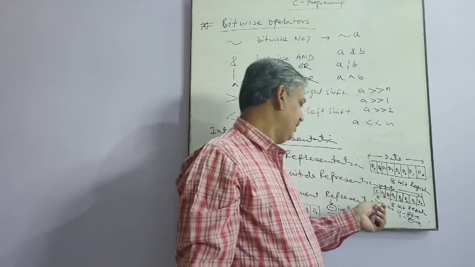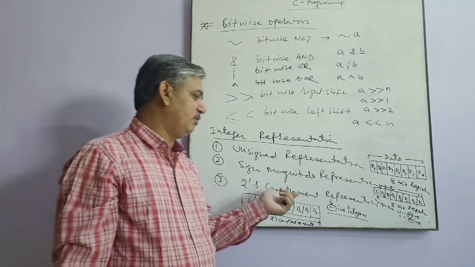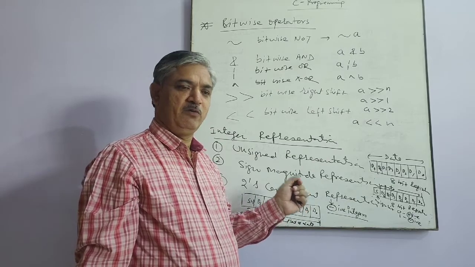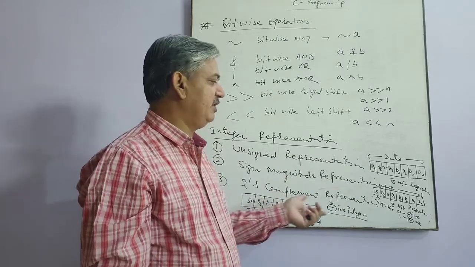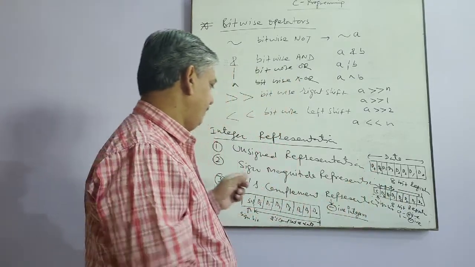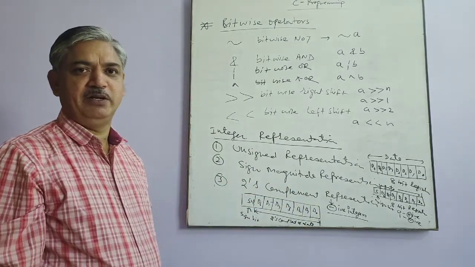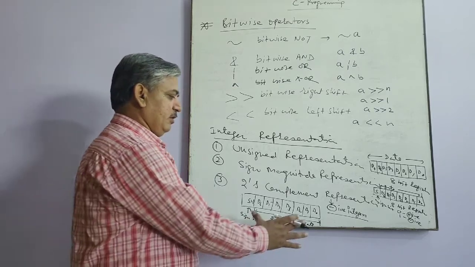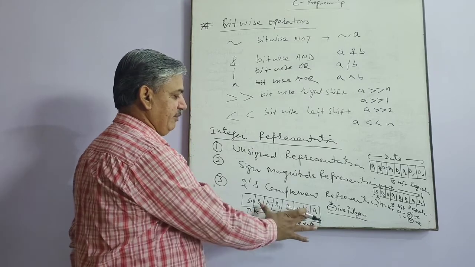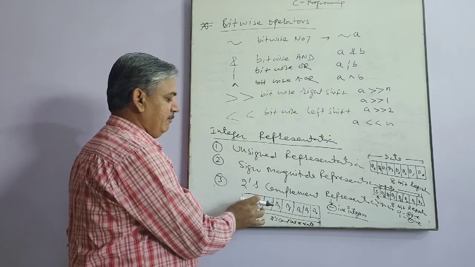In 2s complement representation, generally this is used to represent negative integers. For positive integers, the 2s complement representation and sign magnitude representation are the same. Only for negative integers is this representation used. Clear? So in this case, D0 to D6, 7 bits for data, suppose this is the 8-bit register, and 1 bit for sign.